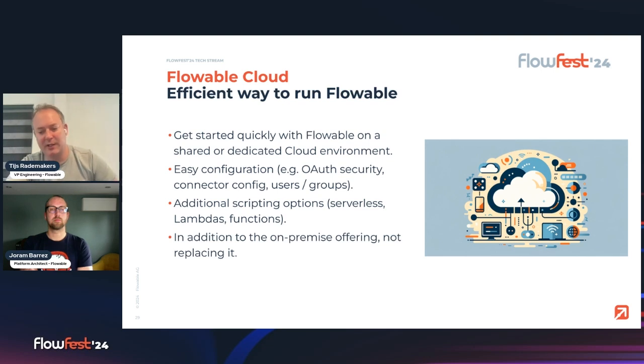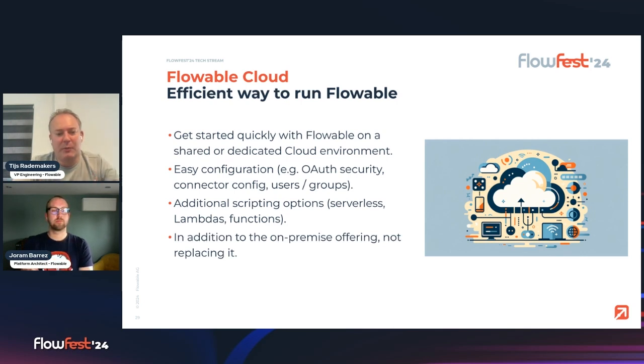So it's separated logically by having different tenants in the same database, which is a more cost-effective solution. Or it can be a fully dedicated cloud environment where you are running fully isolated with your own database and your own service as well. So everything is possible there.